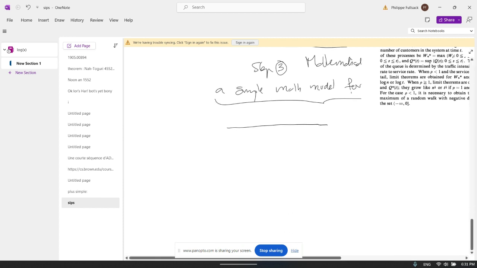My database is simply made of one long sequence here, and here I have my query sequence. My query sequence could be G, G, A, G, whatever.